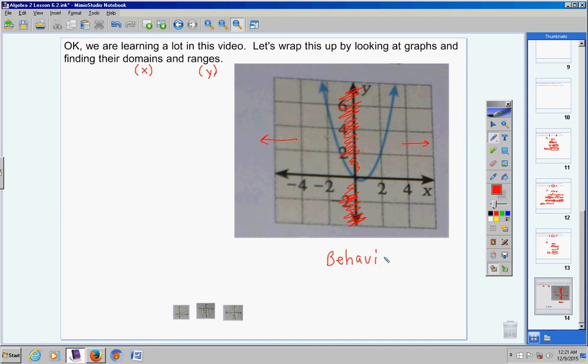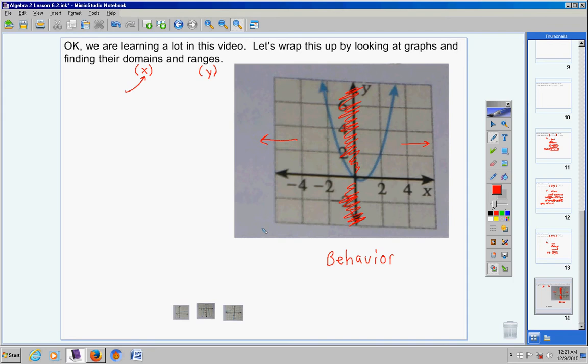Now, Mr. Earhart, why the left and right behavior? Because we're dealing with what? Domain. Domain deals with what? X. And doesn't the x-axis deal with the left and right of the graph? Sure it does. The y values deal with the up and down of the graph, the vertical movement. X deals with the horizontal movement.